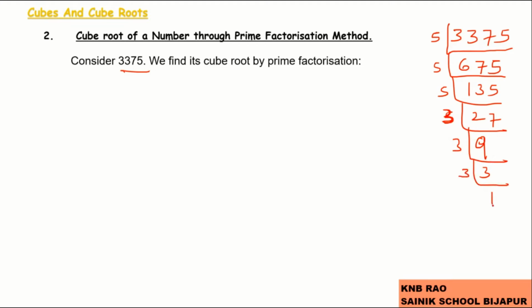Further 3 1s are 3. This is the prime factorization of 3375.